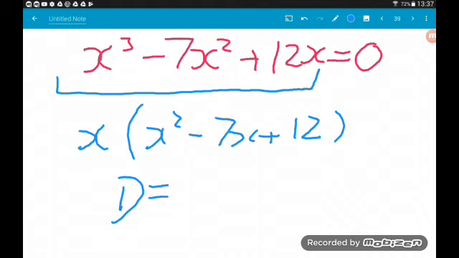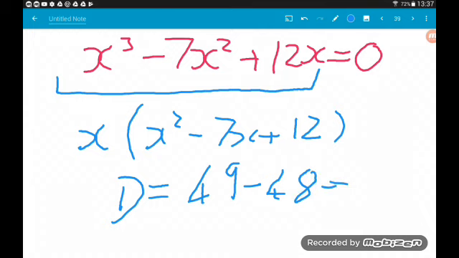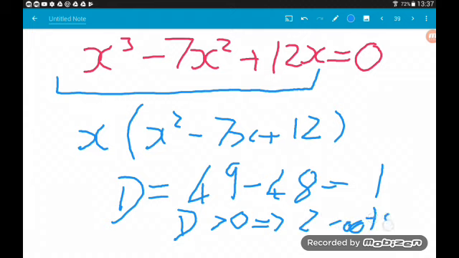So, minus 7 squared is 49. So we've got 49 minus 4ac. So 4 times 1 times 12 is 48. So 49 minus 48 equals 1. Now when the discriminant of a quadratic is greater than 0, that implies 2 real roots. So there are 2 roots, as we probably knew.